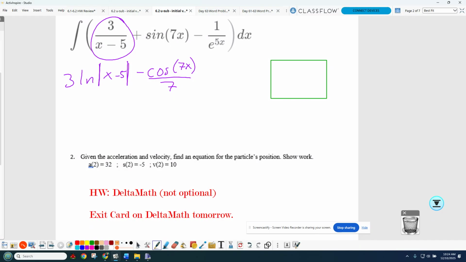The last one's tricky. Recommendations, suggestions, ideas, Alana? I made it into e to the power of minus 5x, so then I just had it as e to the power of minus 5x divided by minus 5.